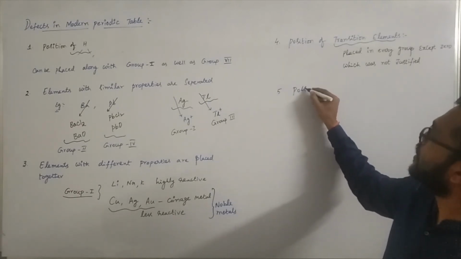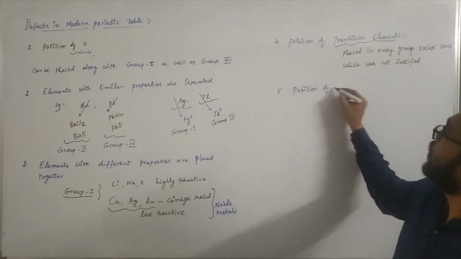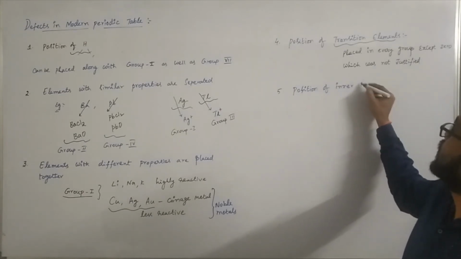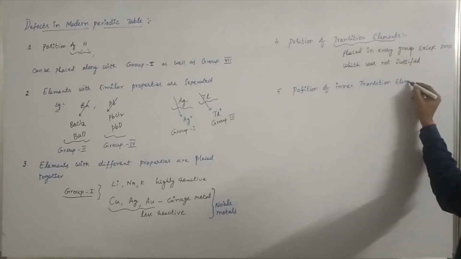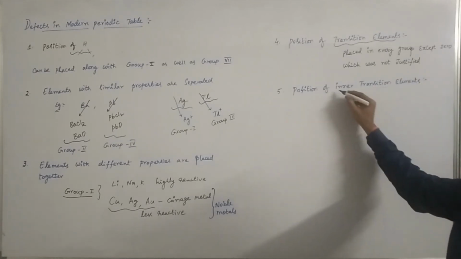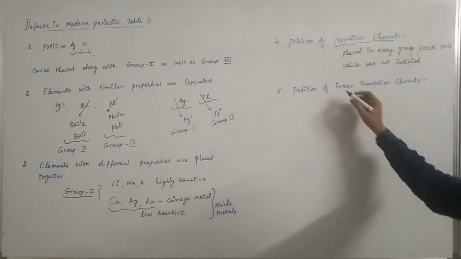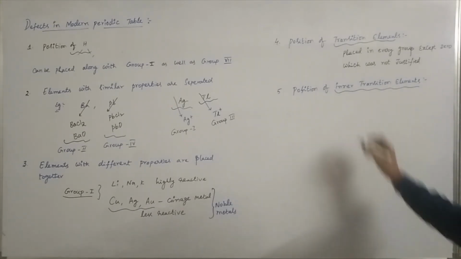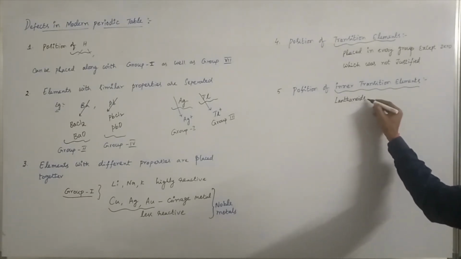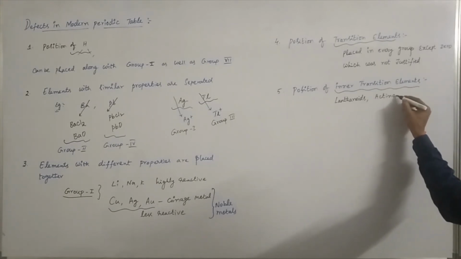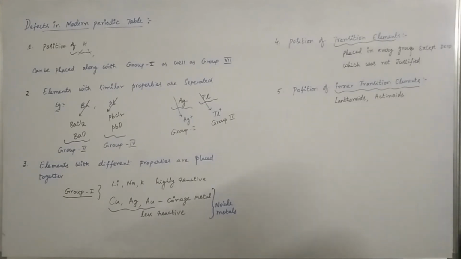Position of lanthanides and actinides, or we call them inner transition elements. Nothing but lanthanoids and actinoids. So why are these lanthanoids and actinoids placed as a separate table at the bottom of the periodic table? Why have they placed them separately, which was not justified?